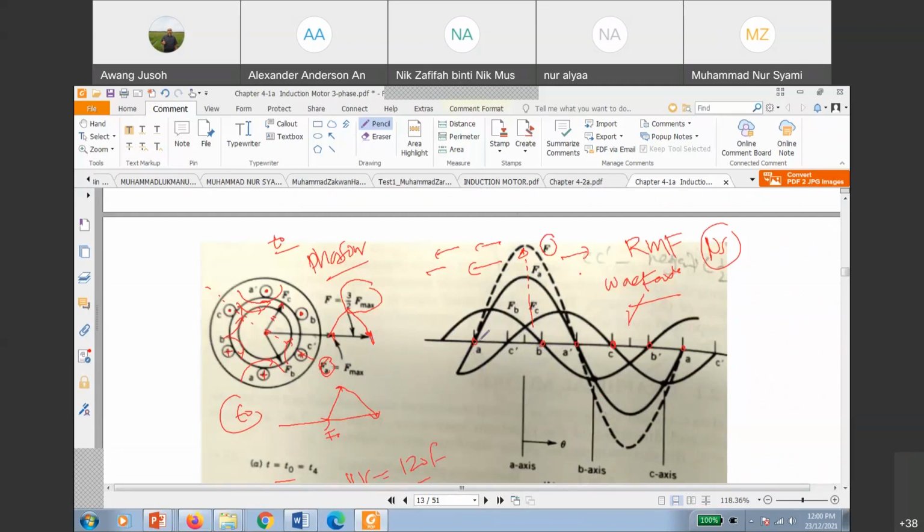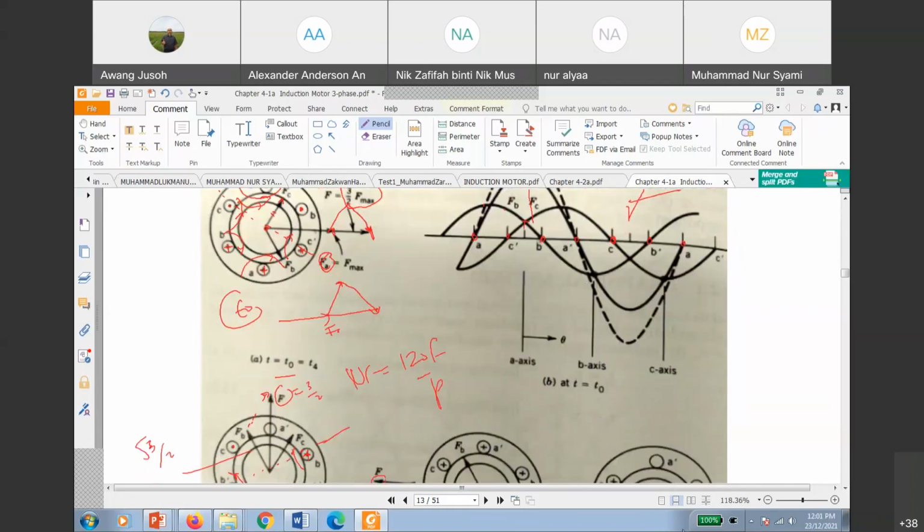Here FA is zero, so FB and FC, then you get the resultant. You add this one and this one, you get this one. Okay, this one added gives this one. Then you get the point, and you get the whole thing there.